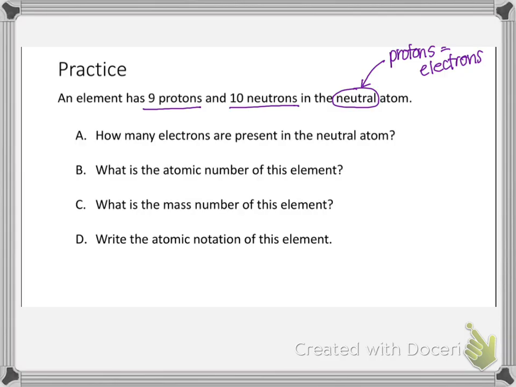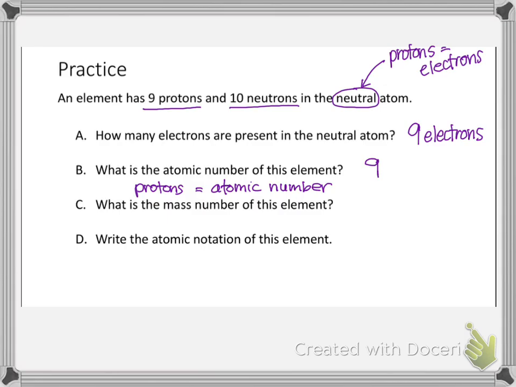Okay, so letter A. How many electrons are present? I know protons equal electrons, so this is 9 protons, but it's also 9 electrons. What is the atomic number of this element? The number of protons equals the atomic number, so the atomic number is also 9.